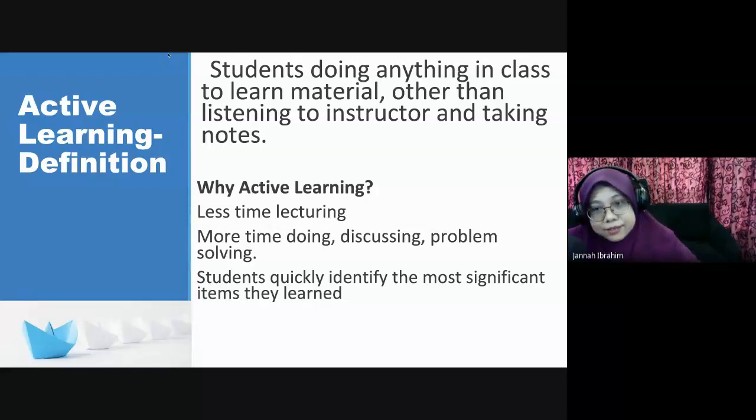If you're just listening and taking notes, sometimes your mind will drift away and think about something else, like the food that you're going to cook for lunch or the food that you want to buy for lunch. So you're not listening, you're not practically alert, right? So you can do whatever activities that help disconnected, unalert students to see the value in the course.